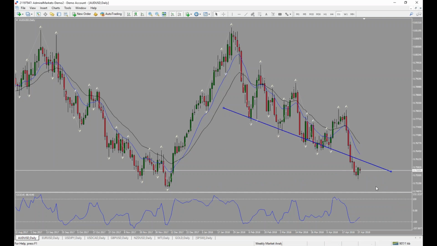Because the line is like this, I cannot trade the breakout downwards. However, if this line was going downwards, but the breakout on the upside, then that is a valid breakout. So just please note that.